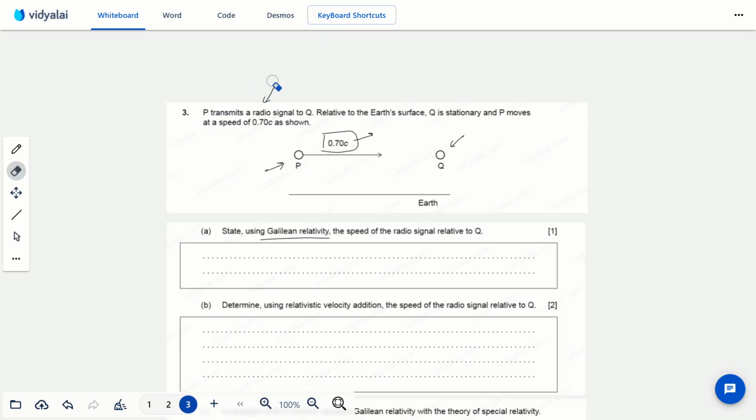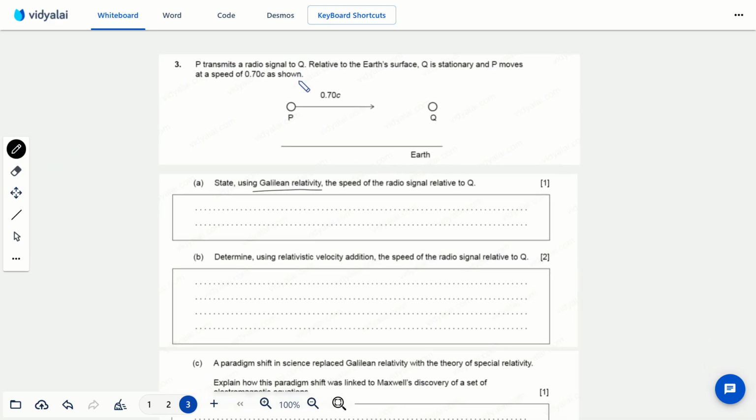So this is the third question. You guys can take a look at this question, going through its details carefully. Okay, here we have two objects P and Q, and P is transmitting a radio signal towards Q. Q itself is at rest relative to the Earth, and P is moving at the speed of 0.70 times c, where c is the velocity of light in vacuum.